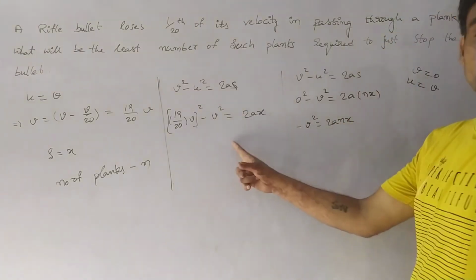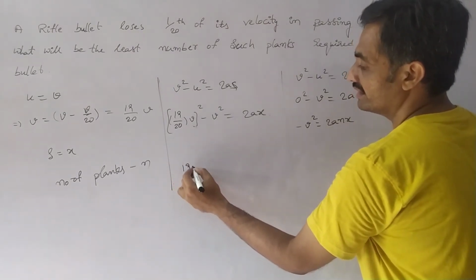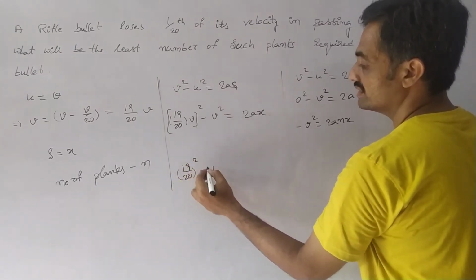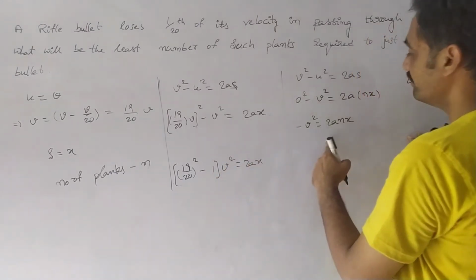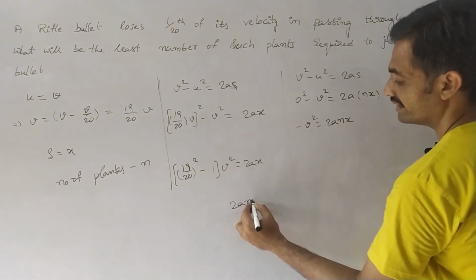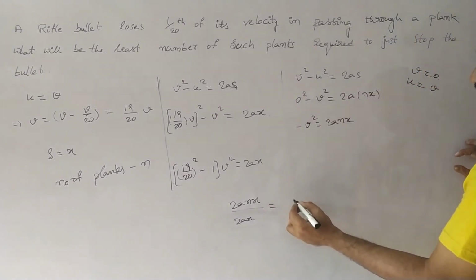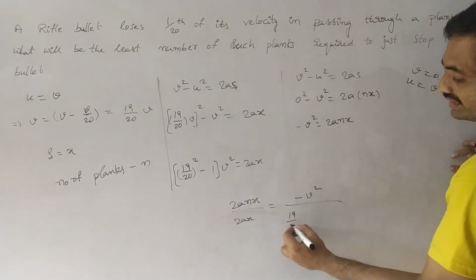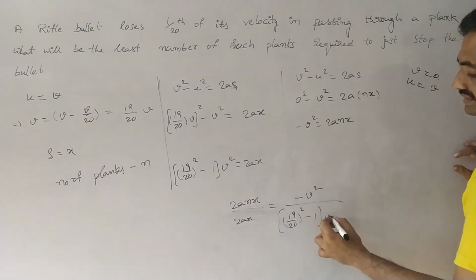Observe that here we have two equations. If we simplify this equation, we have 19 by 20 whole square minus 1 into v square equals 2ax. Now we have to divide these two equations. On dividing these two equations, 2a(n)x by 2ax equals minus v square by 19 by 20 whole square minus 1 into v square.